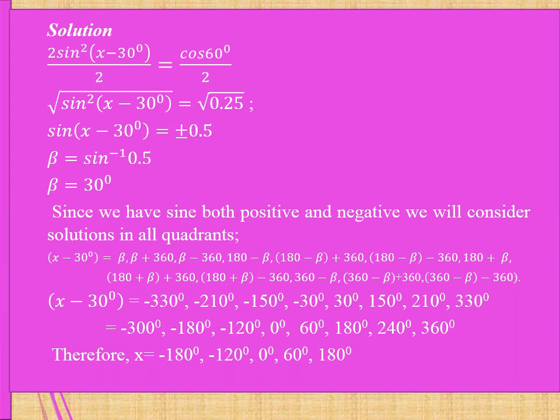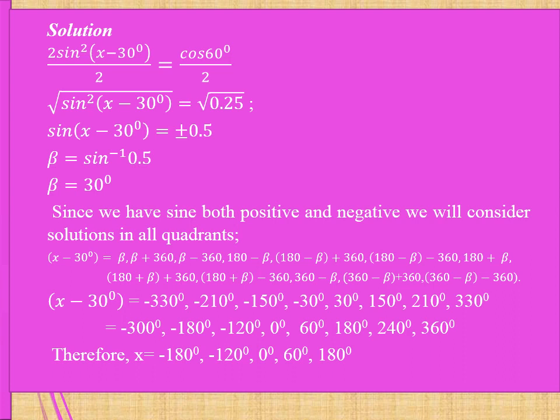That is to eliminate the square. We are going to have sin(x minus 30) is equivalent to plus or minus 0.5, and then we are going to take beta as sin inverse of 0.5. Beta is 30 degrees, and then since we have both positive and negative, we are going to consider solutions in all the quadrants.